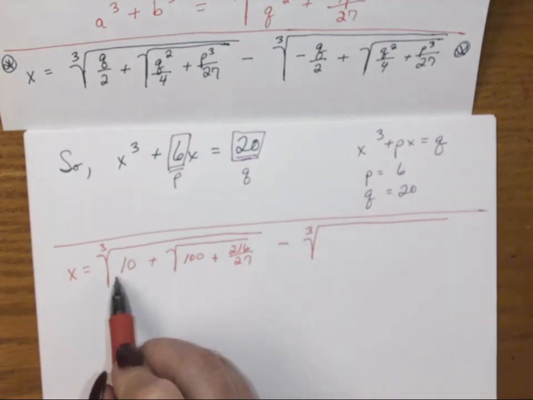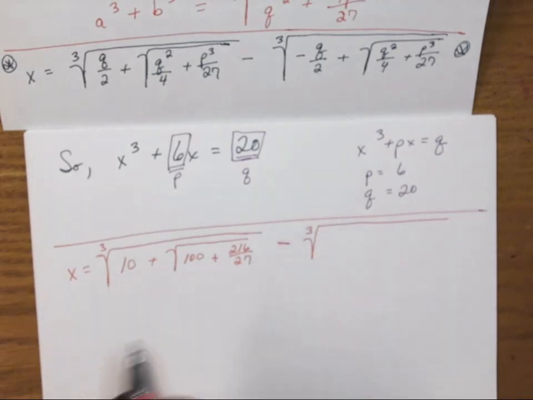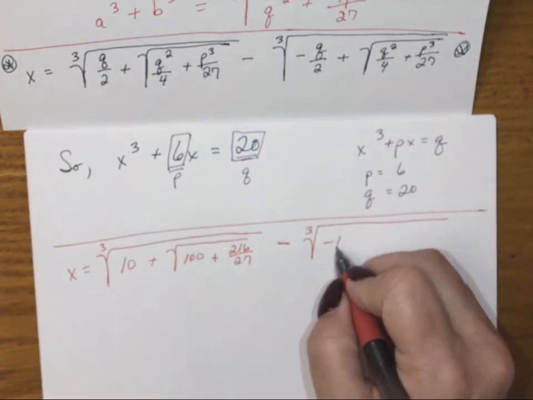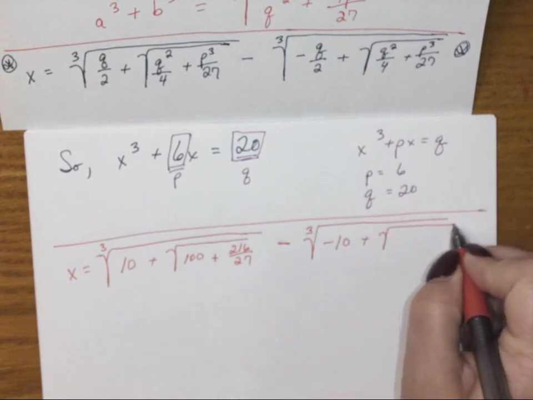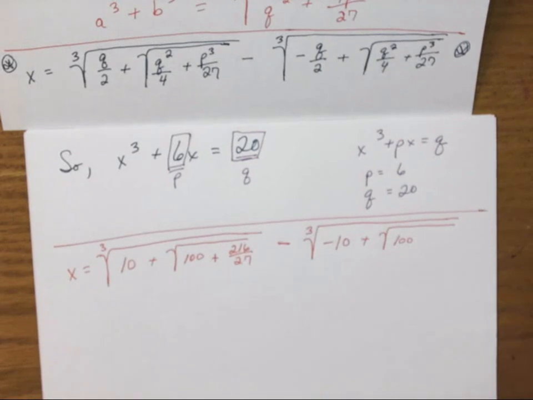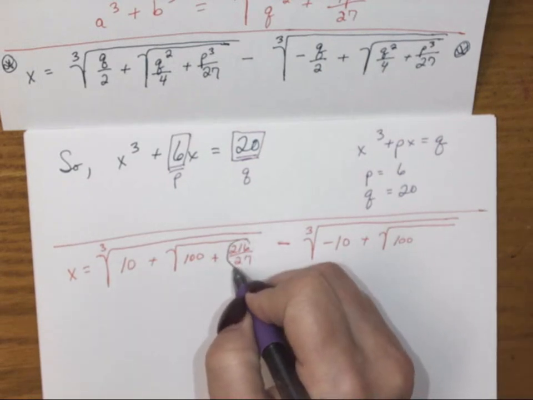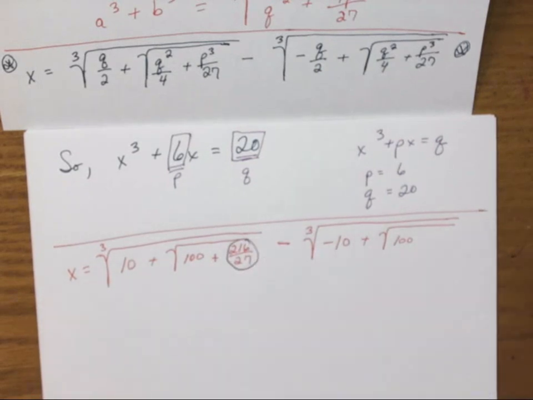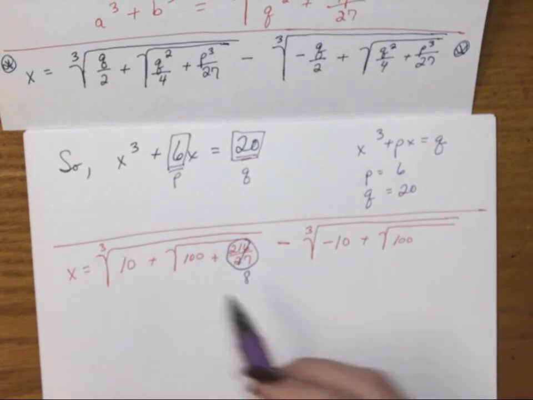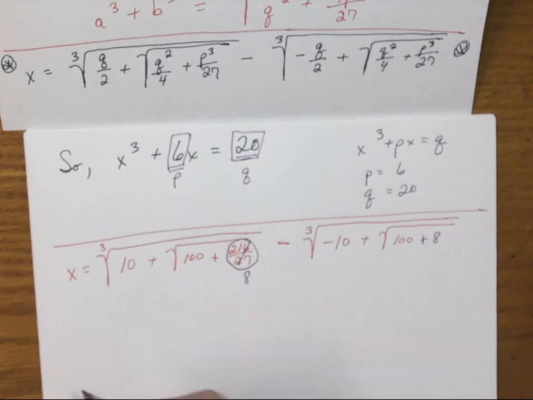All right. So then I have the minus, and over here I've got the cubed root of, and again, the only difference here is that negative sitting out in front. So it's going to be negative 10 plus the square root of, and this is 100, and what this should be, hopefully you've done the math by now, is whenever I divide that out, I'll get an 8. Okay, in my head I was trying to make it 108 because I knew what the answer was supposed to look like, and that was wrong.